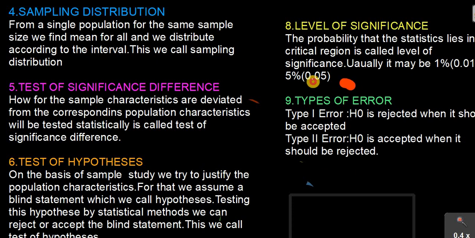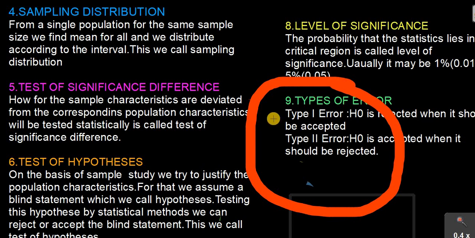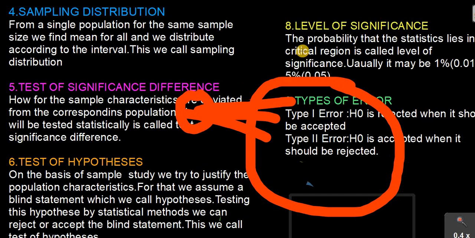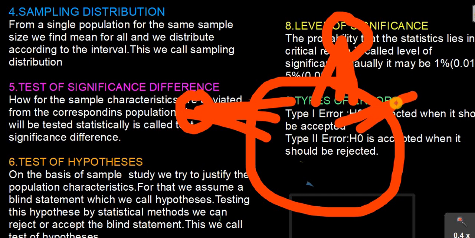Take for example, this is a population. From the population I am taking a lot of samples. This is one sample, and for that I am taking the mean.